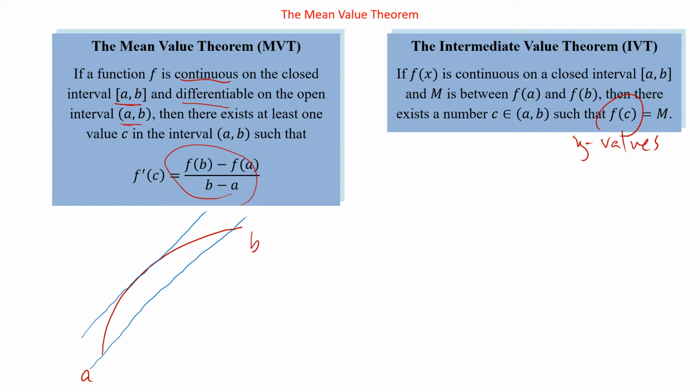It says that somewhere between here and here, it's going to hit this value in the middle. The mean value theorem is looking at slopes. Now, if we took a derivative, the derivative is the slopes, and they also become the y values. So it is possible to use one instead of the other, but ideally, intermediate value theorem is y values. Mean value theorem is looking at slopes.